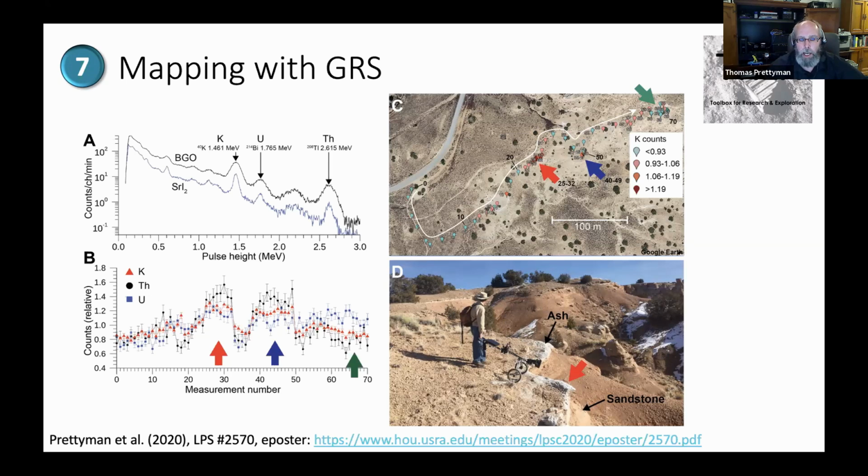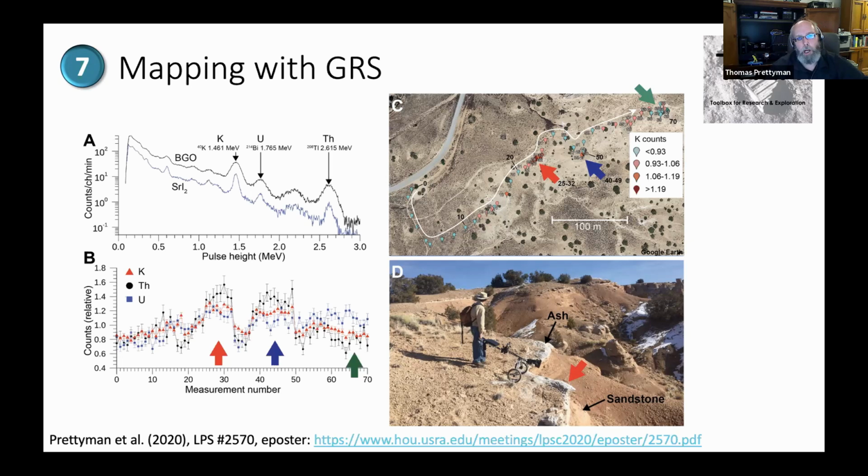And as I mentioned, there were places indicated by the colored arrows where we'd actually taken samples and done XRD. On the top left within A, these are the spectra, BGO versus strontium iodide. It's pretty clear that the information content from BGO is similar to that of the strontium iodide, even though it has lower resolution. And there are 3 spectral bands that give you the 3 elements that are of interest.